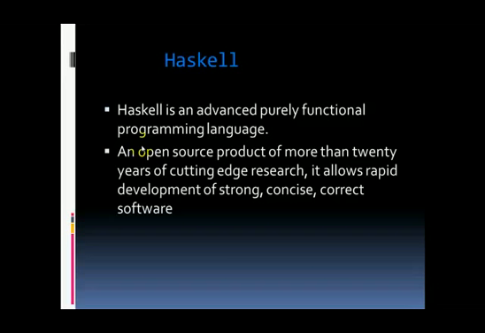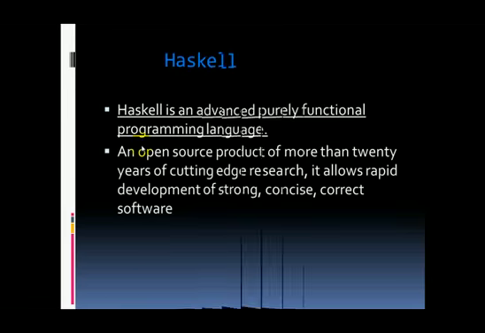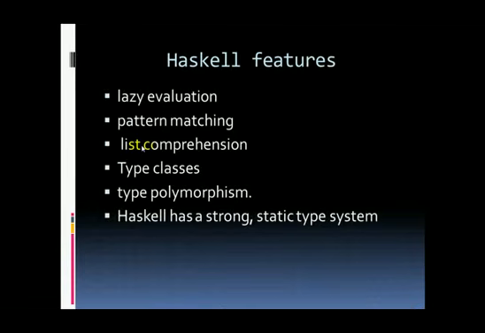Haskell. Haskell is an advanced purely functional programming language. An open source product of more than 20 years of cutting-edge research, it allows rapid development of strong, concise, correct software.